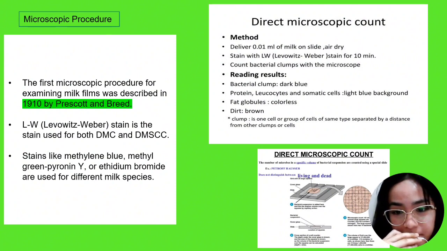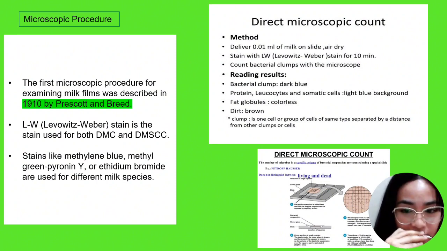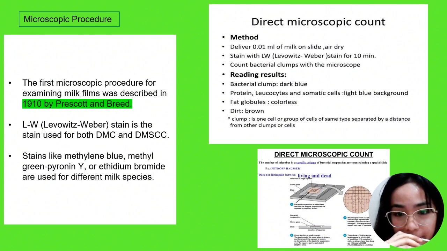Then the protein, leukocytes, and somatic cells are a light blue background, the fat globules are colorless, and the color of the dirt is brown. We also have here the same setup as in RBC count, where 25 squares are used in counting, with glass slides and cover slip.